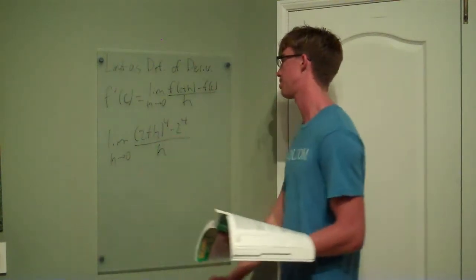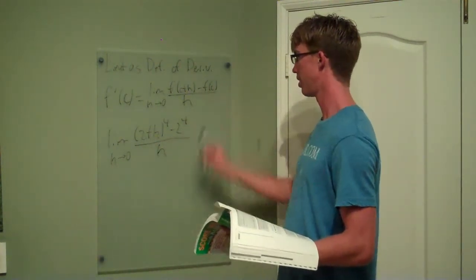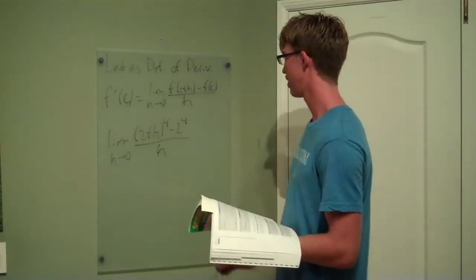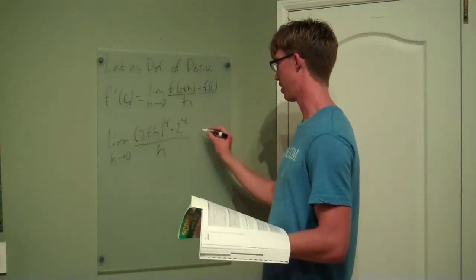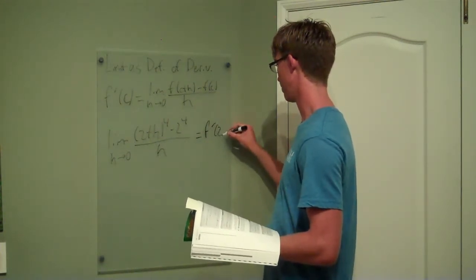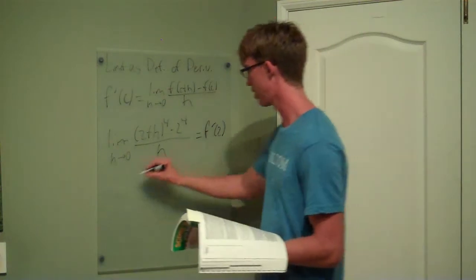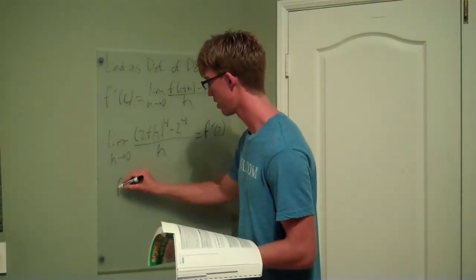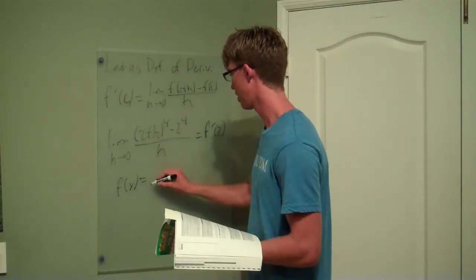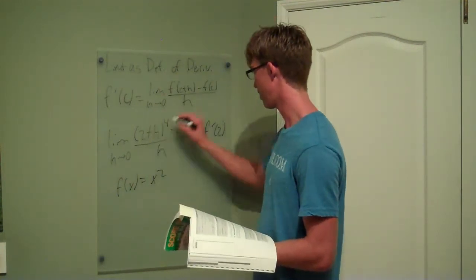And that looks surprisingly familiar to the definition of a derivative. And so you can say 2 seems to be the thing here, so this is equal to the derivative of something at 2. And that something, f of x, would seem to be equal to x to the 4th, because you've got powers to the 4th here.